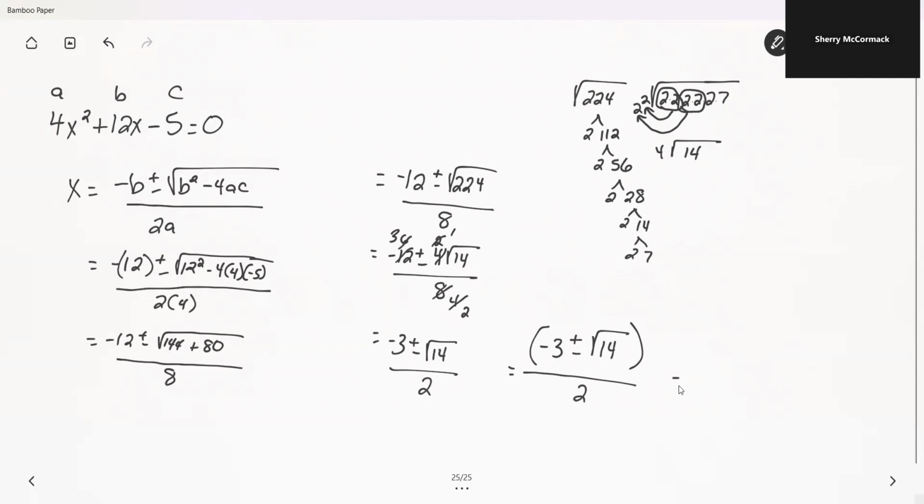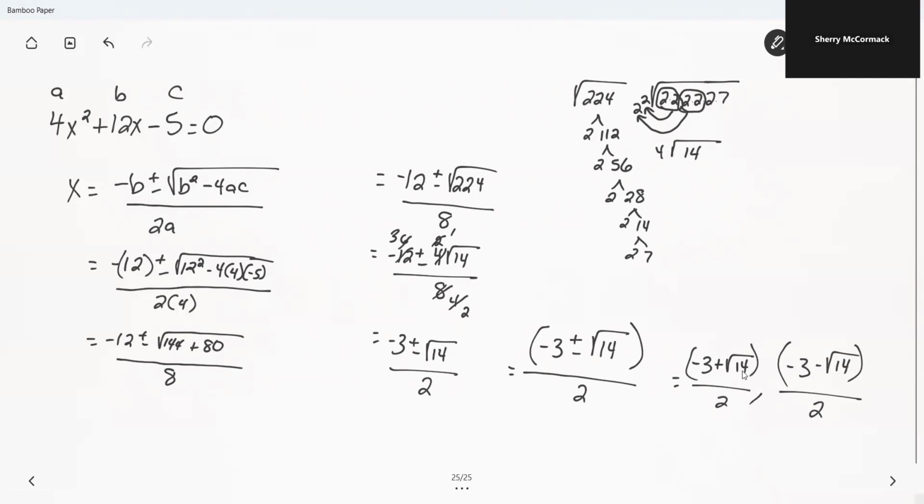Now, if you wanted to further split that up, that would be -3 plus the square root of 14, put that in parentheses, divided by 2, and then you have -3 minus the square root of 14. Again, that's all in parentheses, divided by 2. Okay, so those are your 2 answers for this problem.